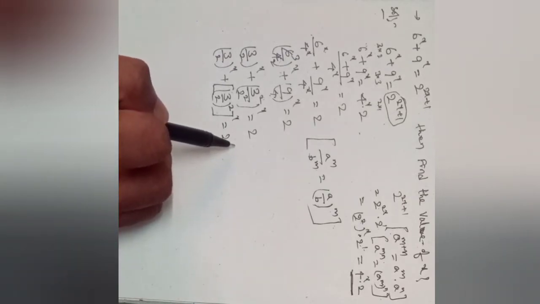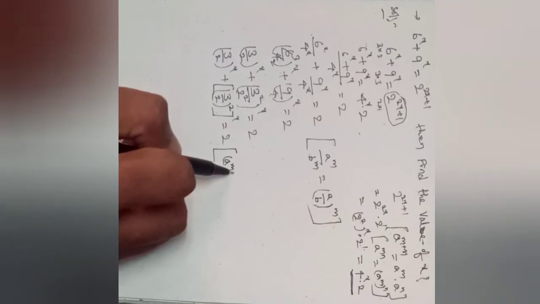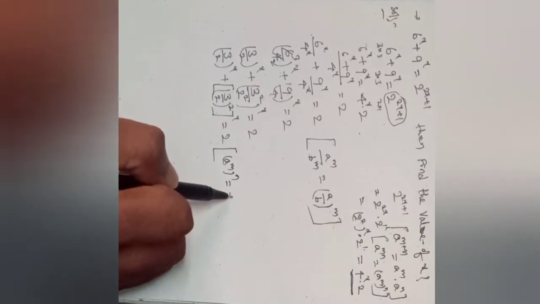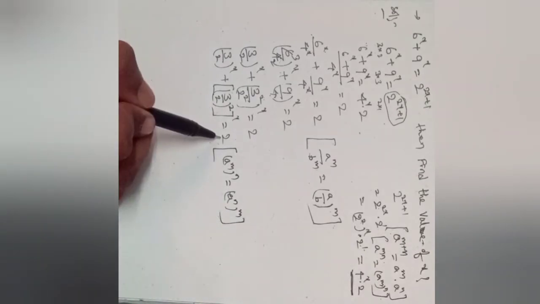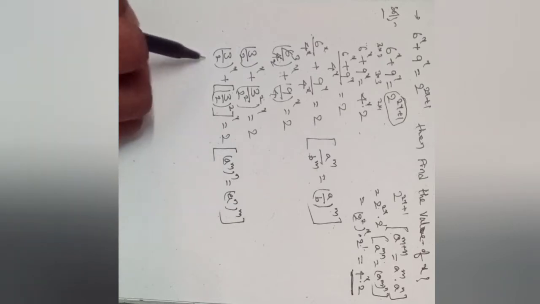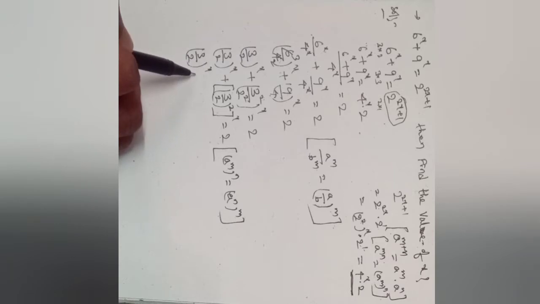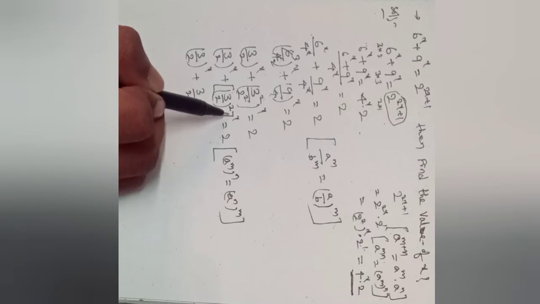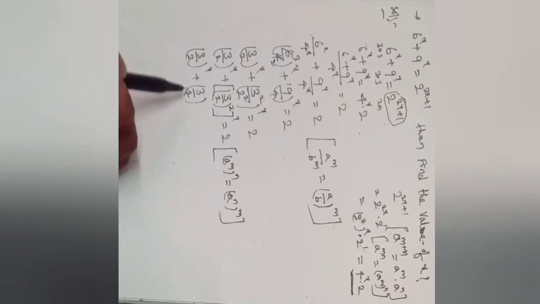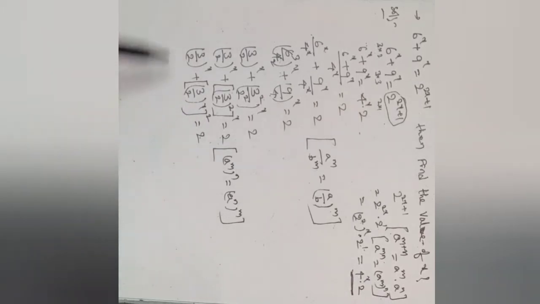We know one more rule, that a to the power of m whole to the power of n is equal to a to the power of n whole to the power of m. Applying this rule here, 3 by 2 whole to the power of 2 whole to the power of x, interchanging this, becomes 3 by 2 to the power of x whole to the power of 2, that is equal to 2.